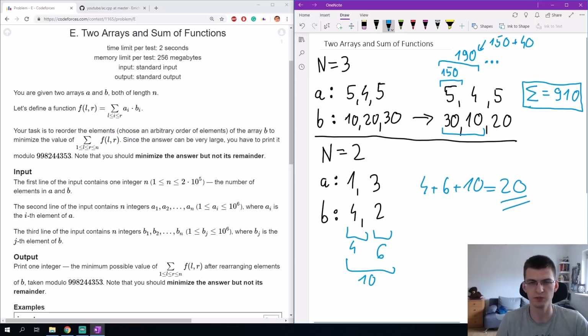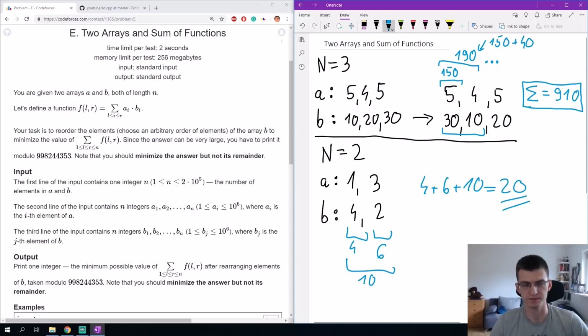This is the sum that we should print, minimized, after rearranging elements of B. And we should print the answer modulo some prime number, because otherwise this would exceed even the long type. It makes the problem a little bit more difficult, but we will talk about it later during the implementation of the solution.